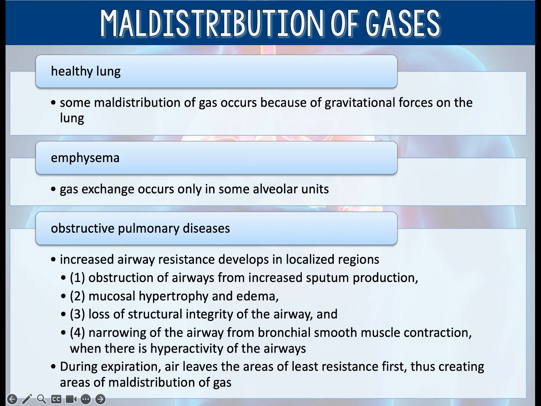There could also be some kind of loss of structural integrity of the airway, like if it's damaged in a trauma situation. Any narrowing of the airway from bronchial smooth muscle contraction, like asthma. So, those are the kinds of things that maldistribute gases.